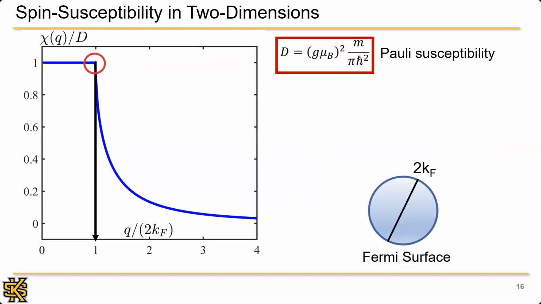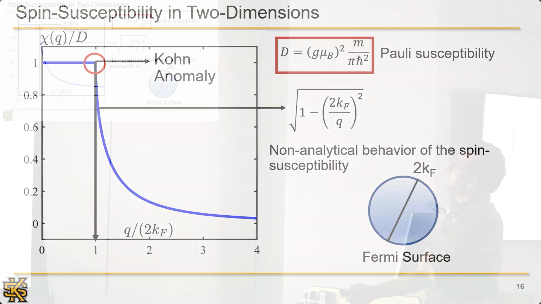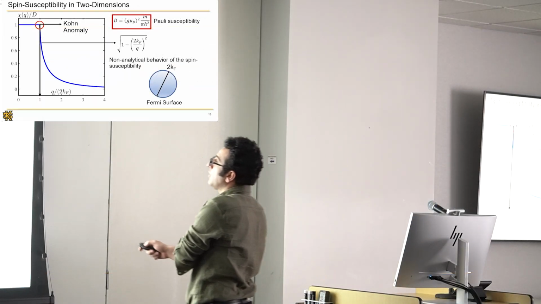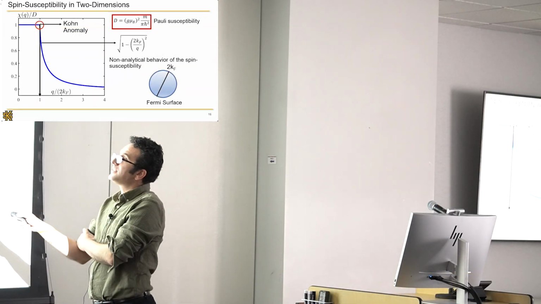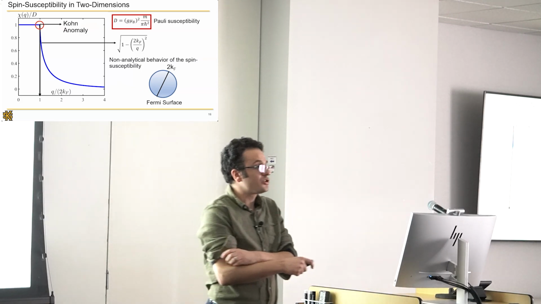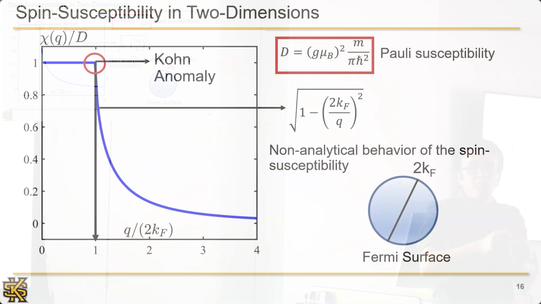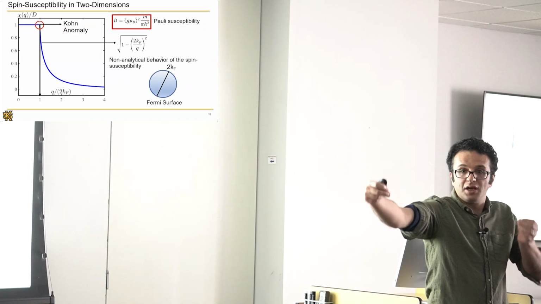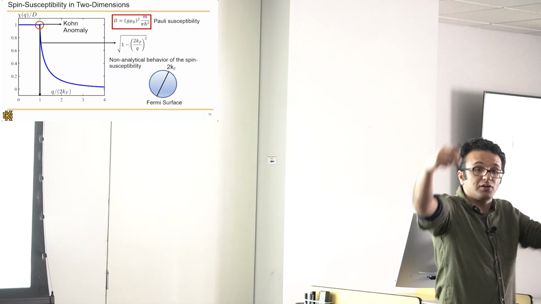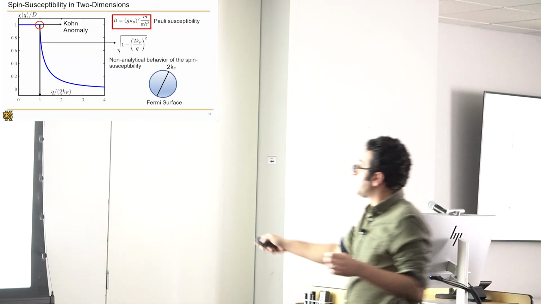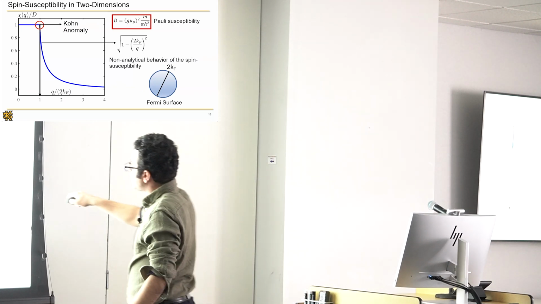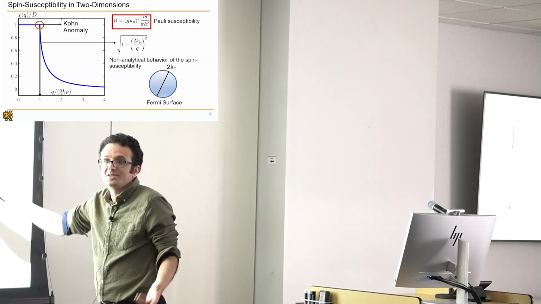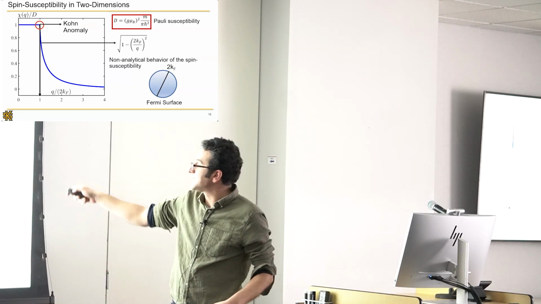But this point is of interest because it has a non-analytic behavior in the spin susceptibility, and this is called the Kohn anomaly. So what we should remember here is that the Kohn anomaly is the largest vector that traverses our Fermi surface. Okay, it connects two maxima in my Fermi surface. Here I have a circle, therefore any two points can represent a maxima, but it's twice k_F that I have here.